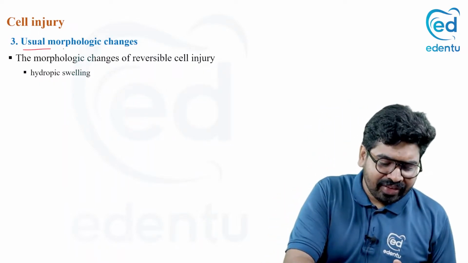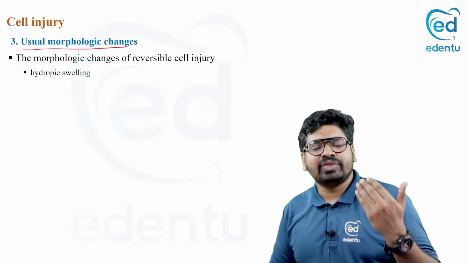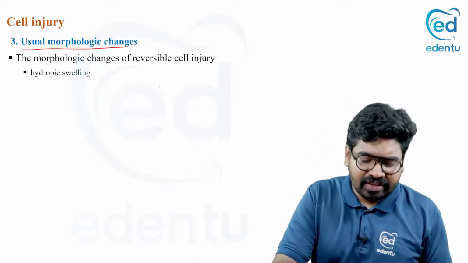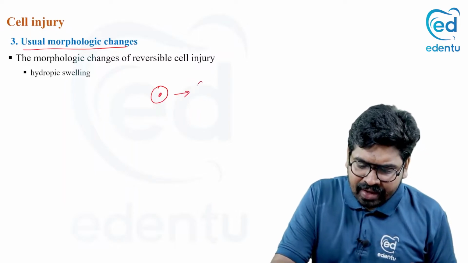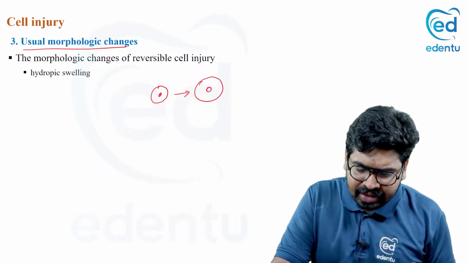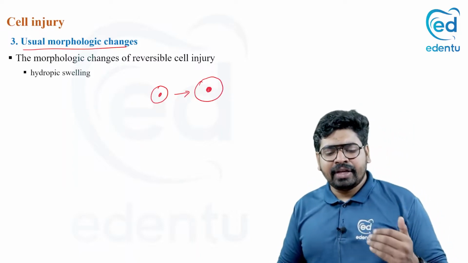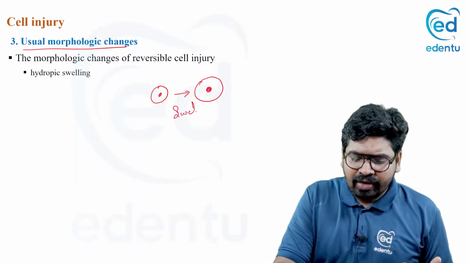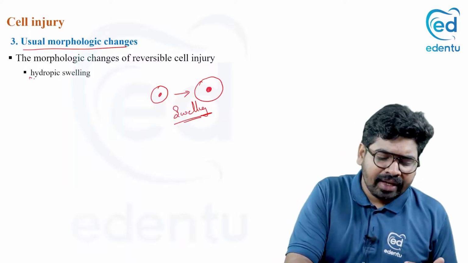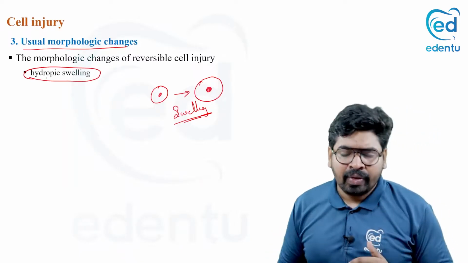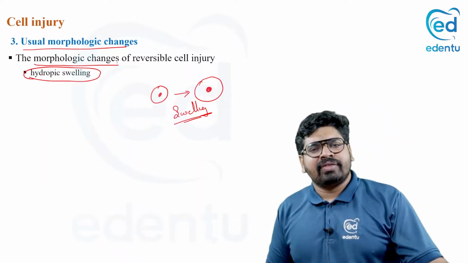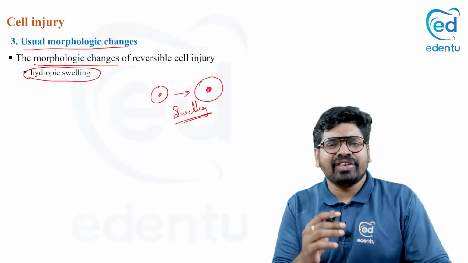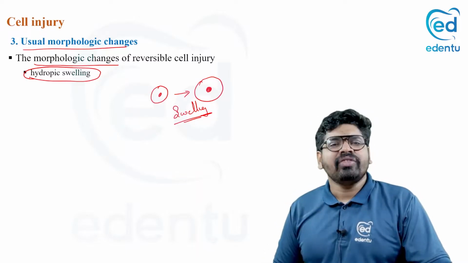Now what is the first morphological change in a cell when it undergoes injury? Now we have a cell here. When the cell undergoes injury, the first thing that happens is swelling of the cell, and that swelling is called hydropic swelling. That is a morphological change that occurs in reversible cell injury.